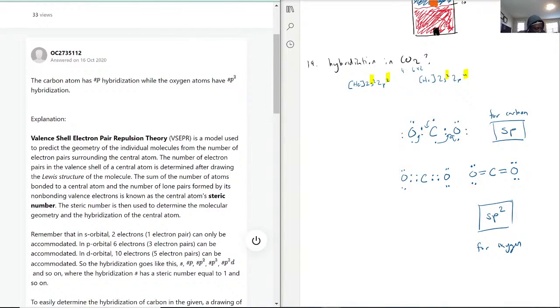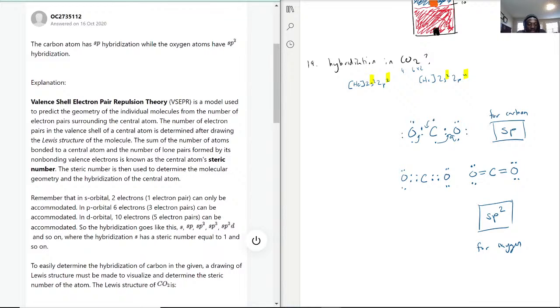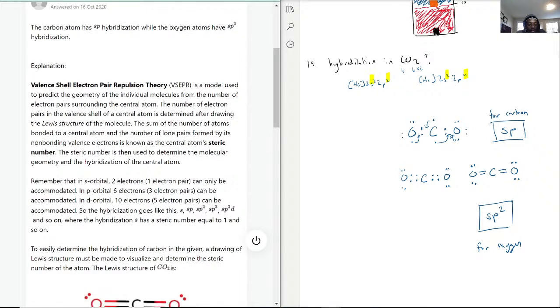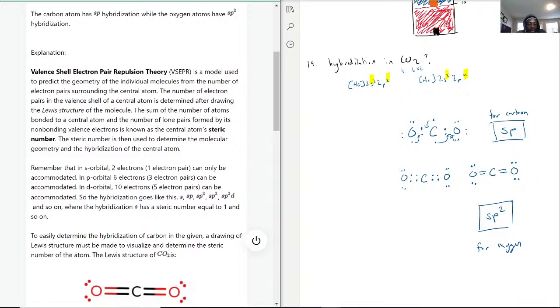It says the sum of the numbers of atoms bonded to the central atom and the number of lone pairs is the steric number, which is what this is accounting for. So that's why we start with S, and sp would be 2 bonds, sp2 3 bonds, sp3 4 bonds, and when you start approaching sp3d and beyond, those are the ones that start breaking the octet rule.